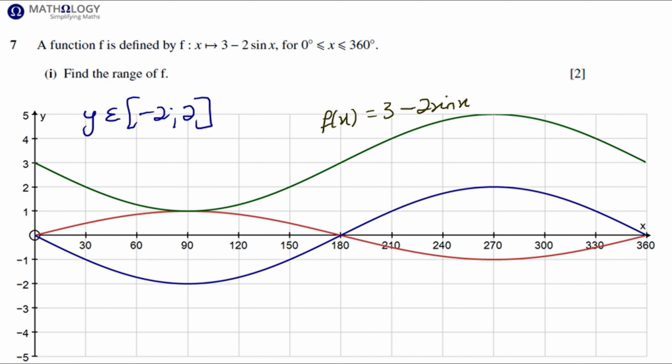And as mentioned earlier, f of x is the function y equals minus 2 sine x shifted 3 units up. So if we take each point on y equals minus 2 sine x and we shift it up 3 units from minus 2 to 1, we will get the function f of x.